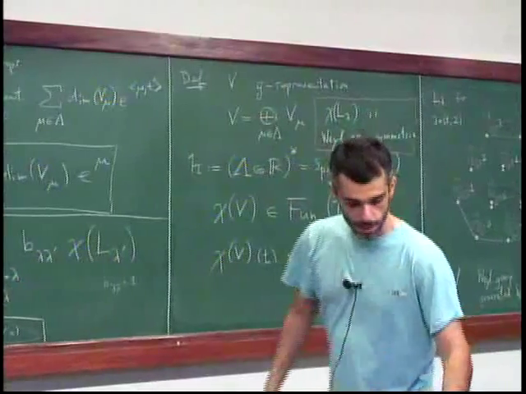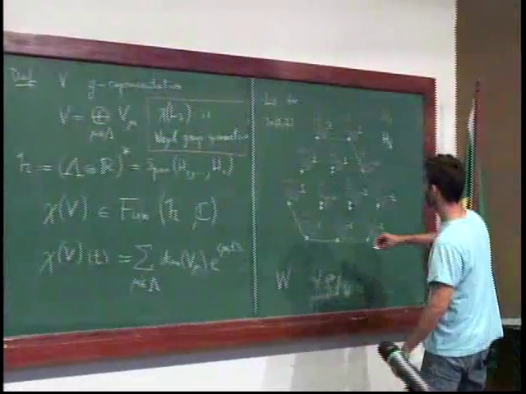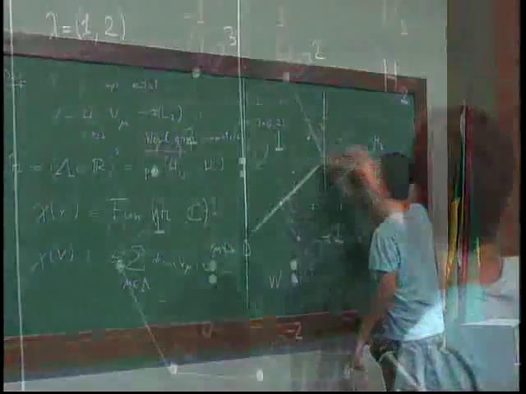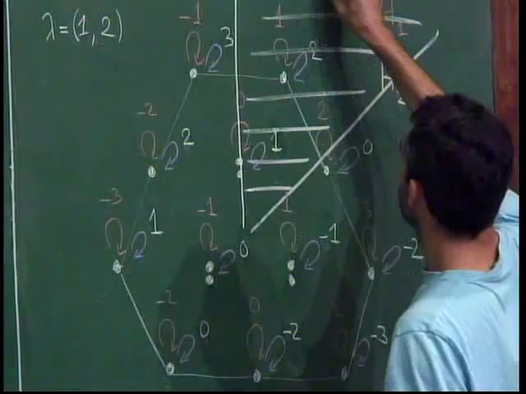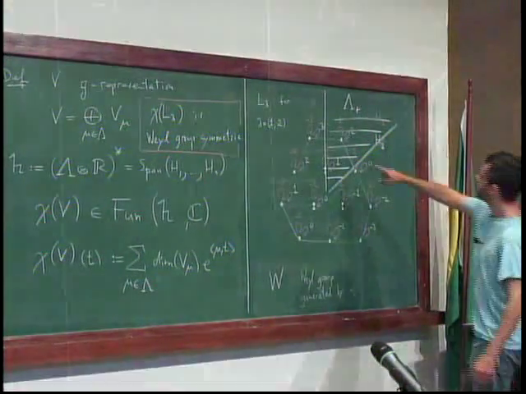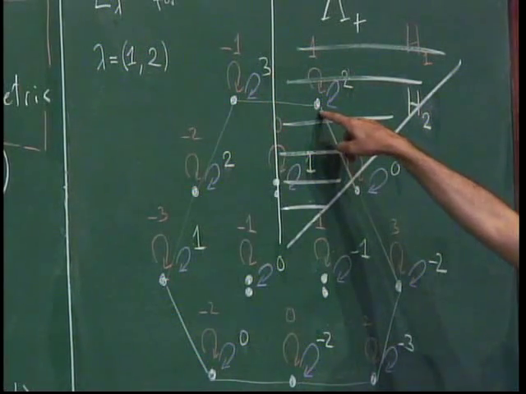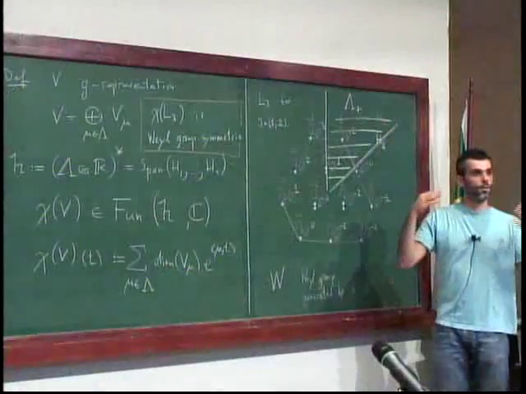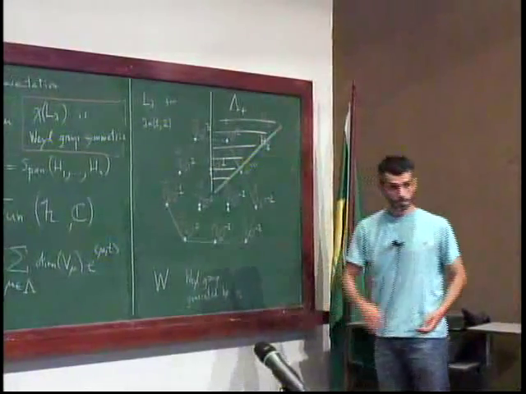We've seen that for every element in lambda plus, so lambda plus is this cone here, where this lambda here is 1, 2, and the set of all possible lambdas where you have positive numbers here, that's this lambda plus, there is a bijection between representations and points of this cone.